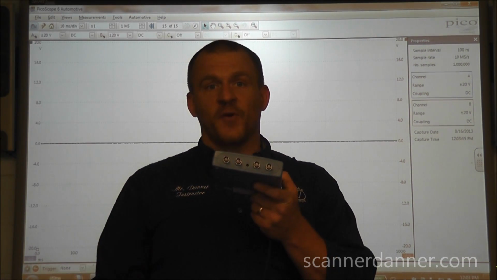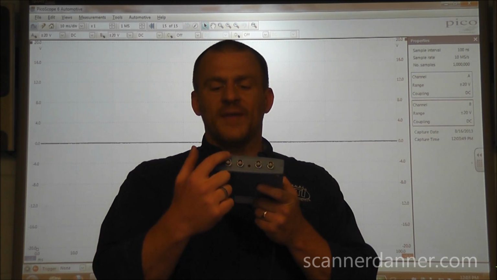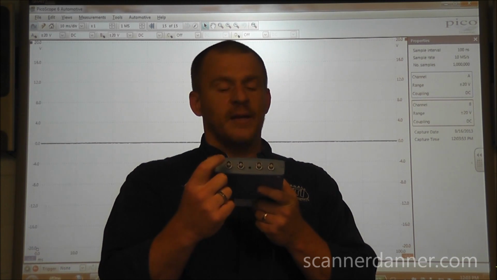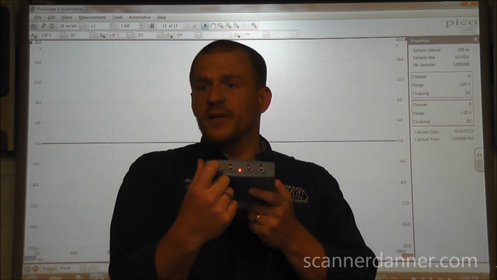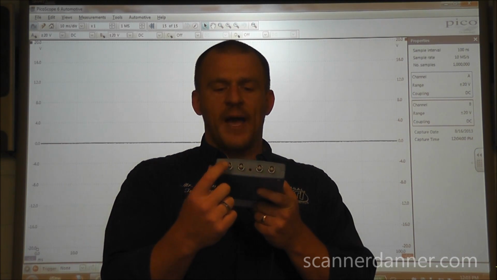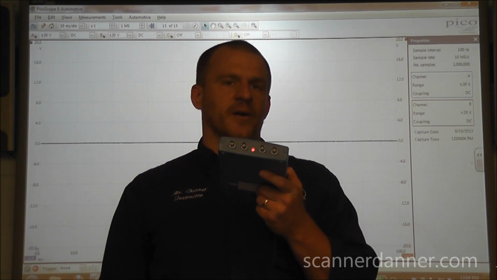A really fast voltmeter. On the outside, this is a BNC type adapter. On the outside is the ground lead, and on the inside is our signal or our positive. And so each channel has a positive and negative. So channel A, channel B, channel C, channel D, we treat this like a voltmeter.